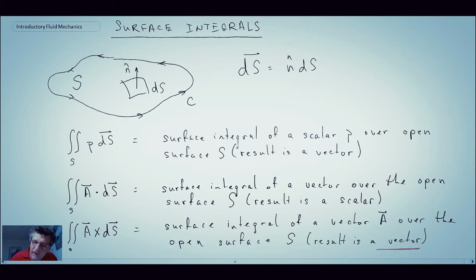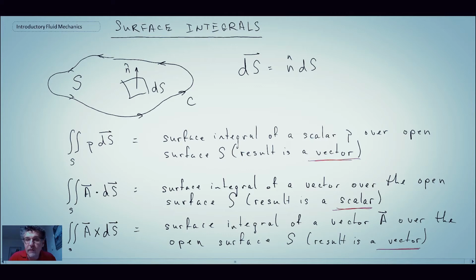We saw when we had the dot product, the result would be a scalar. And if we have a scalar field and we're integrating over the area, the result would be a vector, because we have a scalar multiplied by a vector, and it remains a vector. So those are surface integrals over open surfaces.